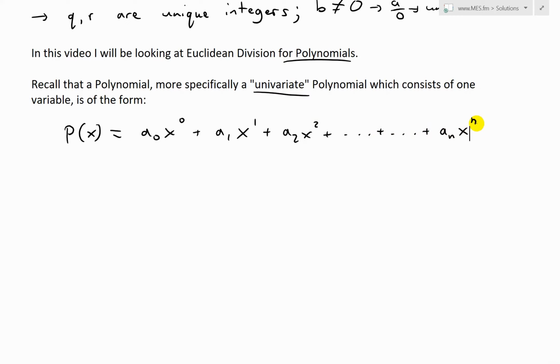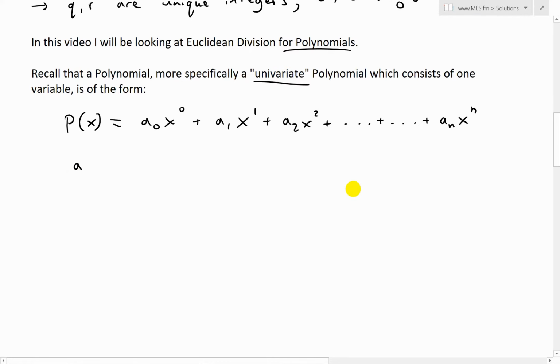So this is a polynomial of one variable, or a univariate, or single variable polynomial, where the values a_i, indicating any one of these from 0 all the way to n, are just constants.